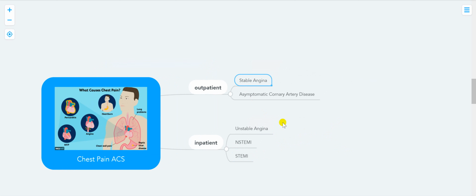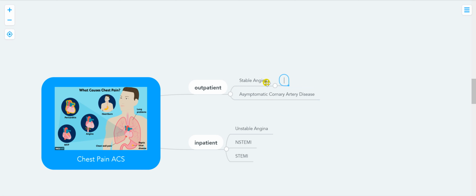Regarding pain, with asymptomatic disease there's no pain, it's relieved by nothing, negative troponin, and there are no ST changes. The pathophysiology is basically atherosclerosis of the coronary artery.